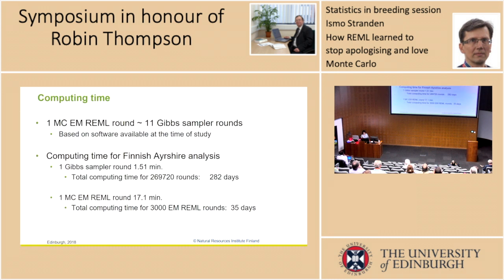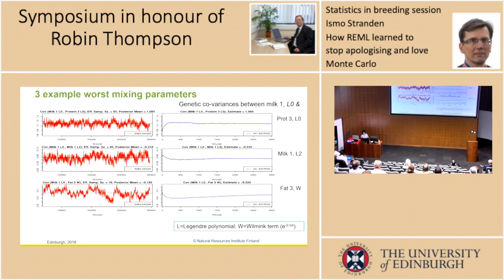One Monte Carlo round is about 11 Gibbs sampling rounds. And in the end, it turns out that with DMU, it took almost 300 days to do the iterations, and for the Monte Carlo EM-REML, it took 35 days. So quite good. How about the results?